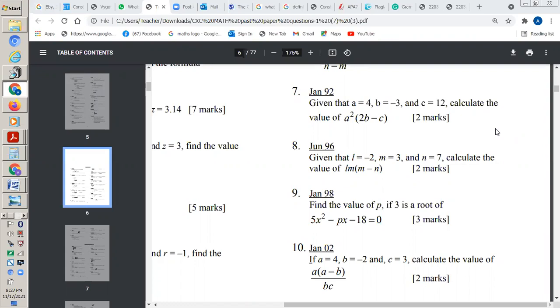Click on your name in the participants, and you will see rename. Yes, rename, and then you put whatever group, and your full name. Okay.